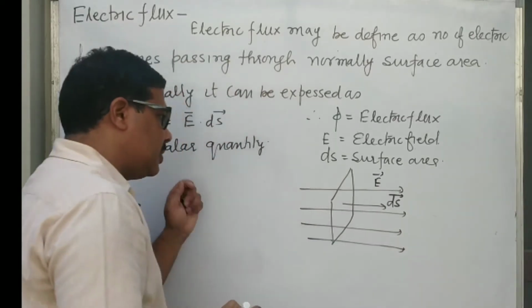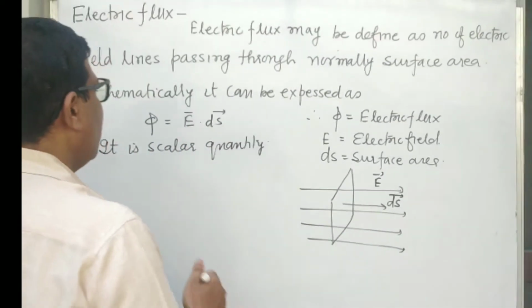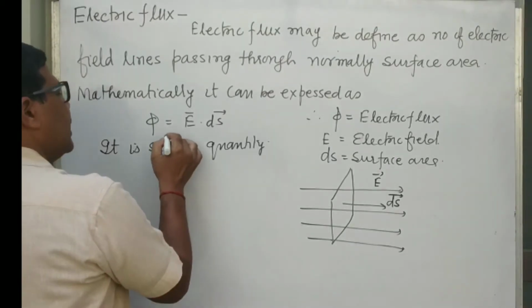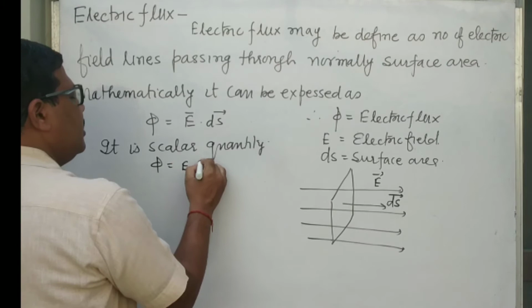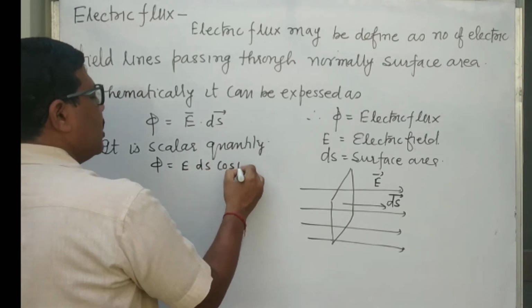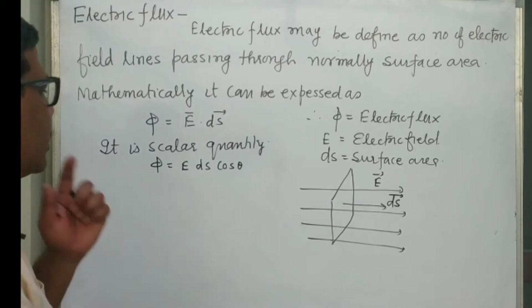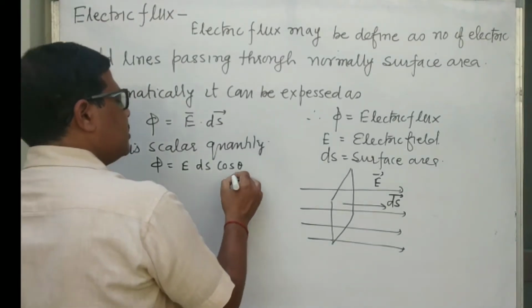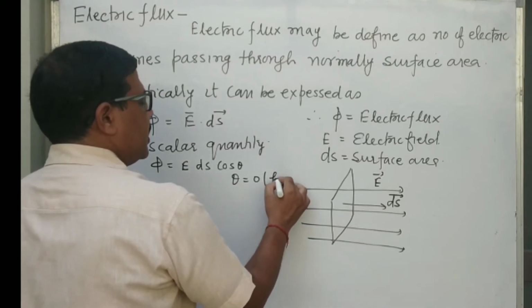In such position, the angle between them is 0. So we can say that phi is equal to E ds cos theta, because it is a scalar product. Here theta is 0, figure A.